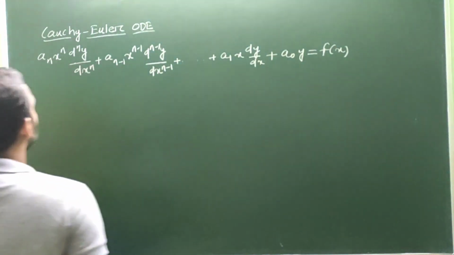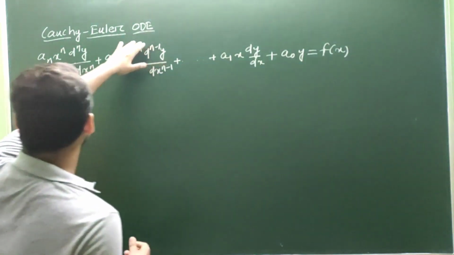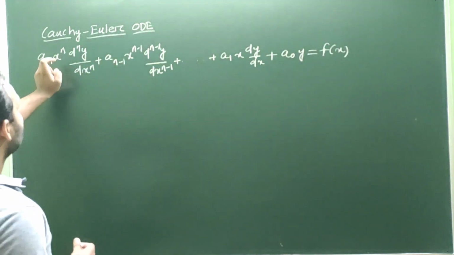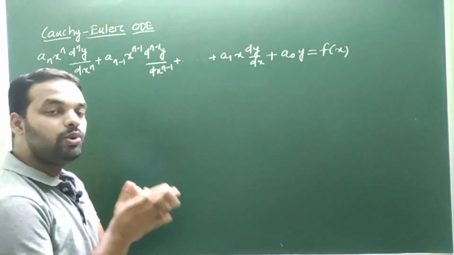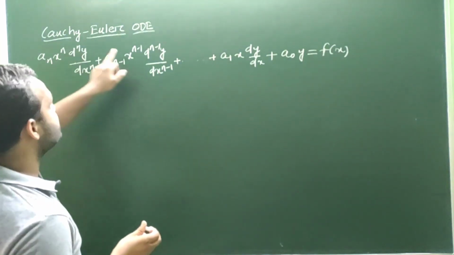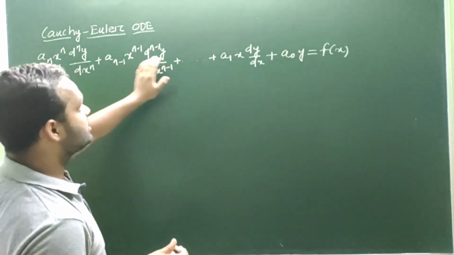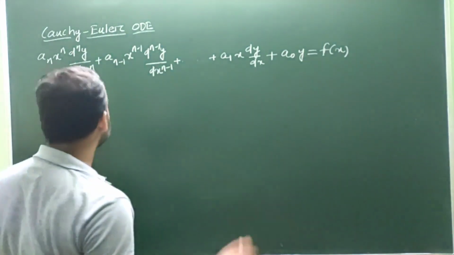Remember in this Cauchy-Euler differential equation, the power of x and the order of differentiation are always the same. These two are multiplied, so this n is always the same here. This n minus 1, you can see these are the same. The power of x and the order of differentiation is always the same.